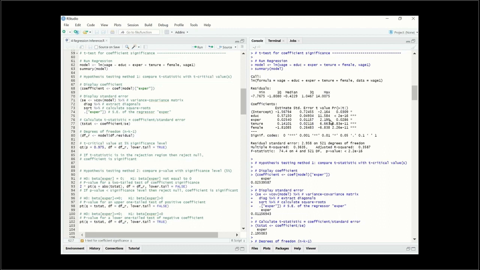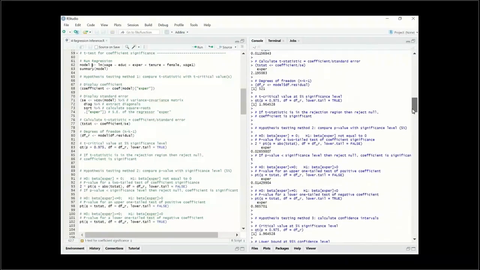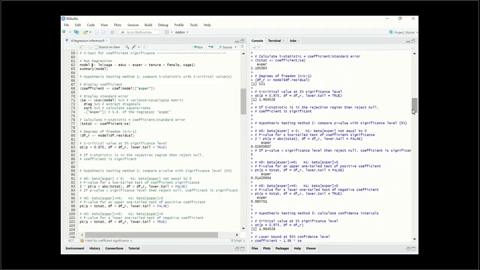So next, let's calculate the degrees of freedom. So the degrees of freedom that we have here are going to be n minus k minus 1. N is the number of observations. K is the number of independent variables. And that is the same as the degrees of freedom for the residual. So here we would call it model.